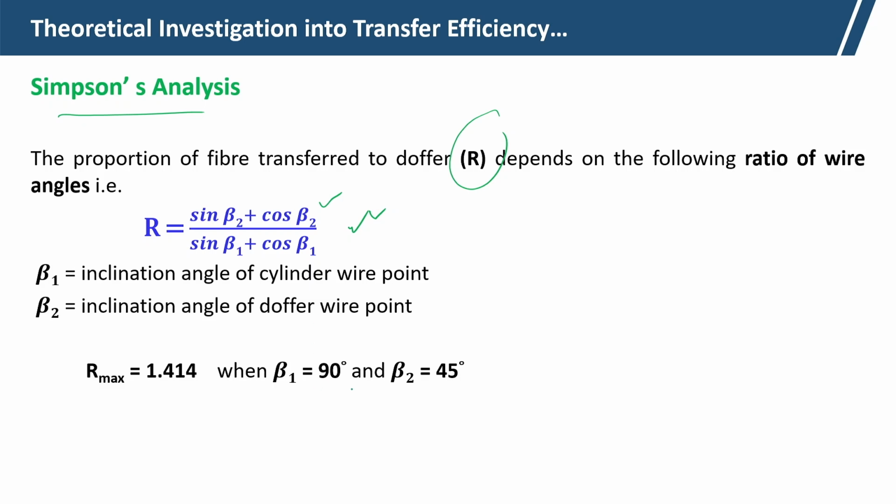And here we can see the maximum value of beta 1, that is cylinder, it is 90 degree. So, for synthetic fiber we try to keep it 90 degree or close to that, and beta 2, that is the doffer angle, it is 45 degree.